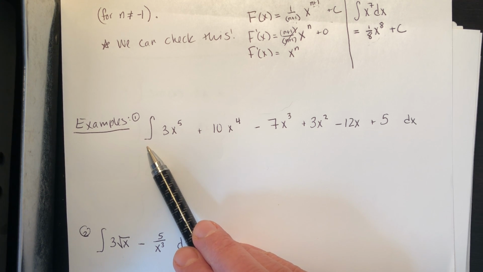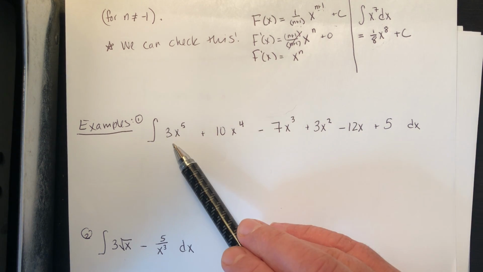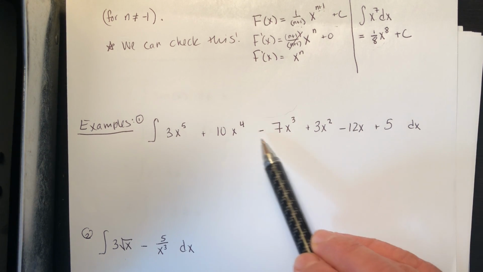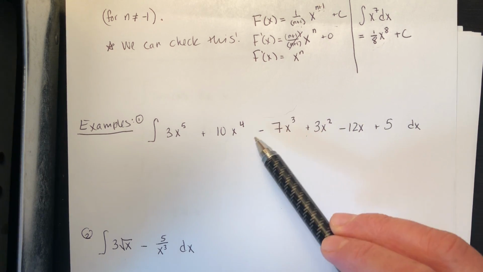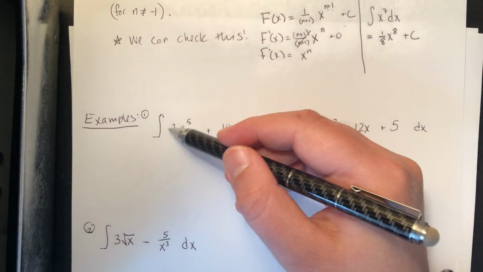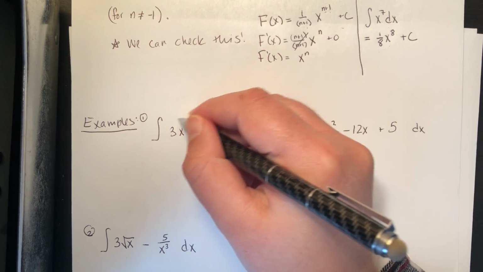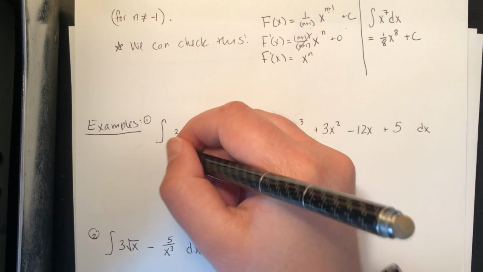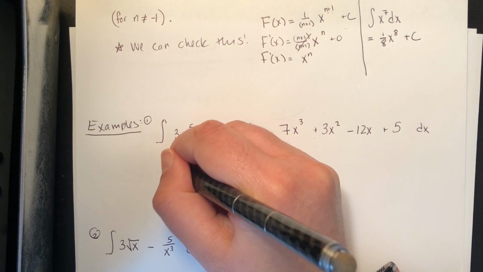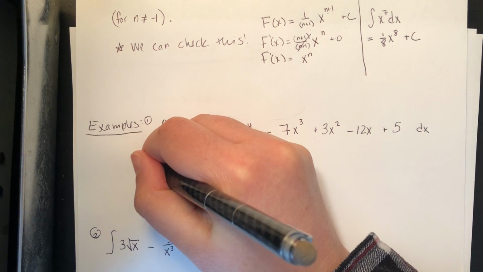Now, what makes this a little bit more complicated than the power rule for integrals that we saw up above is that these all have coefficients on the outside. But just like before, you can pull those coefficients out and just keep them as we go. So if we were to try and take the antiderivative of this, leave the 3 on the outside for now, and then just take the antiderivative of x to the 5th power.